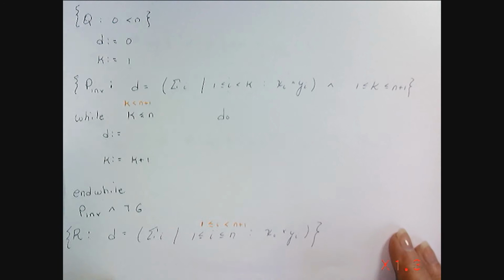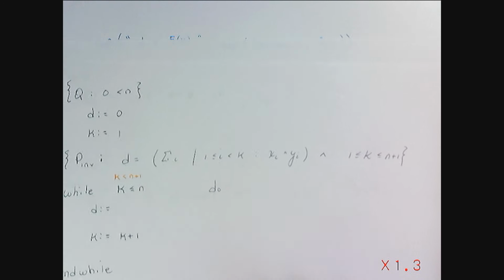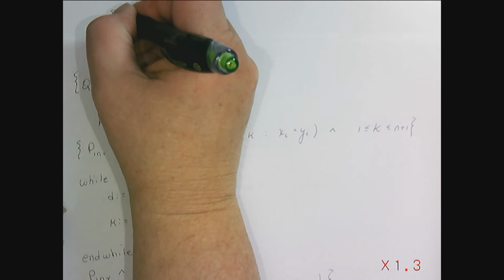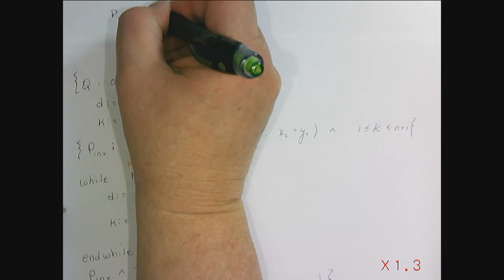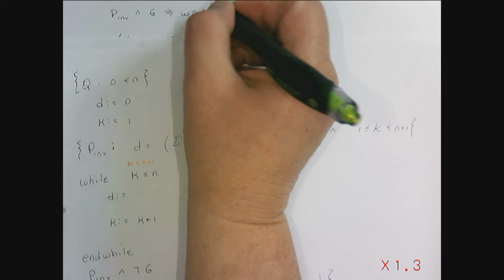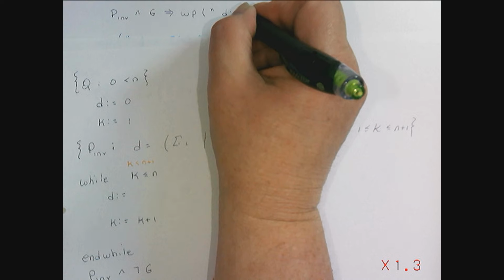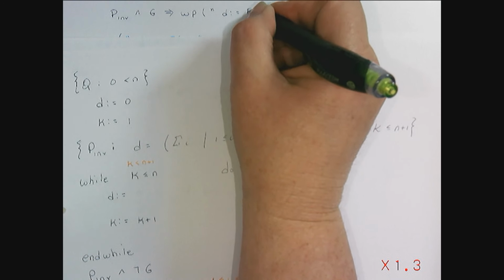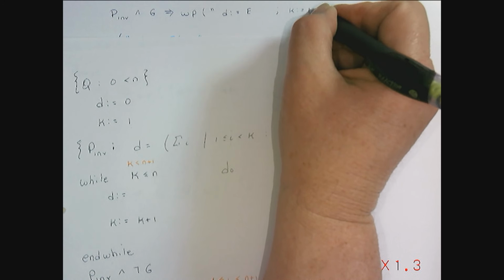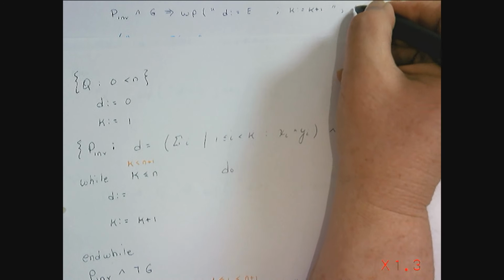d, my dot product. So what I'm going to do is think about what needs to be done. I know that when the invariant holds and the guard holds, that should imply the weakest precondition of whatever update I'm doing to d, and that's going to be some expression, followed by the update that I do to k, should leave me in a state satisfying the invariant again.